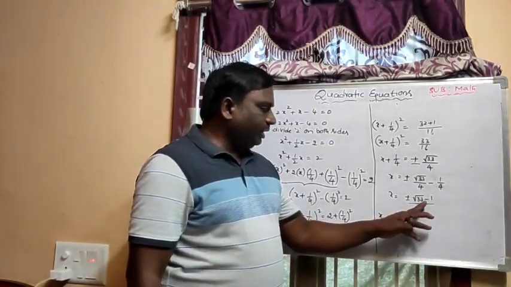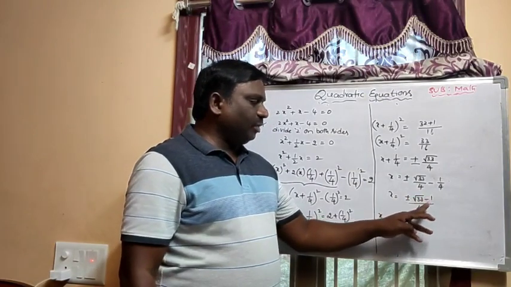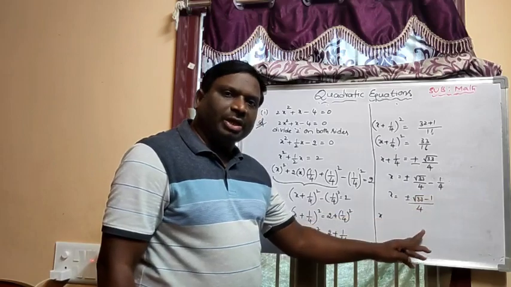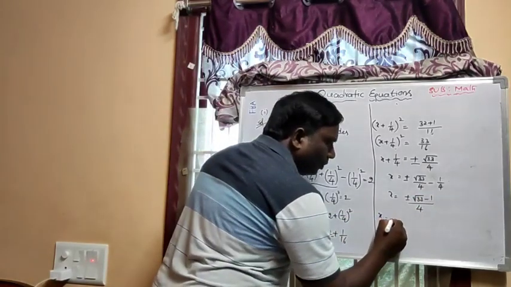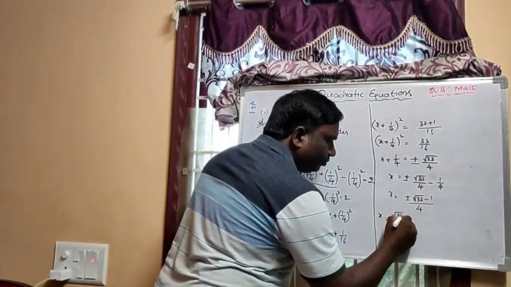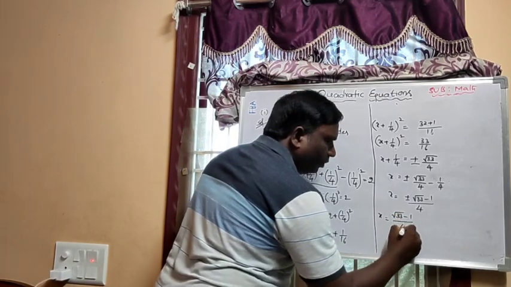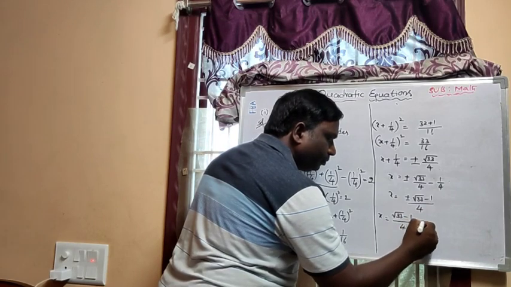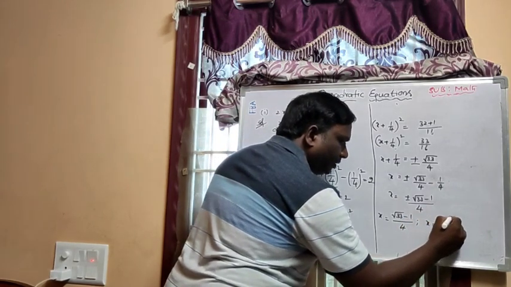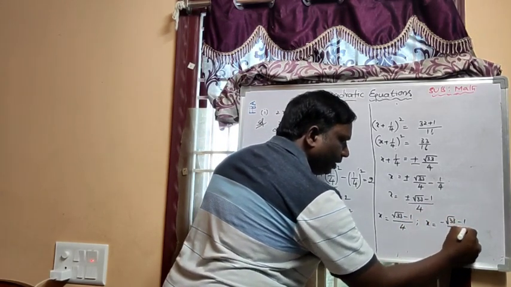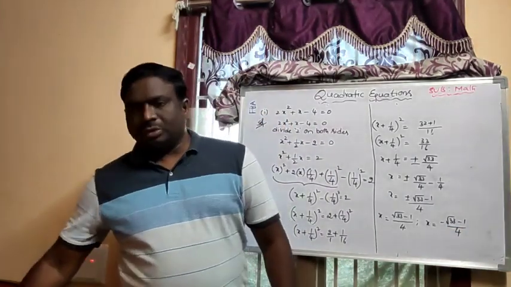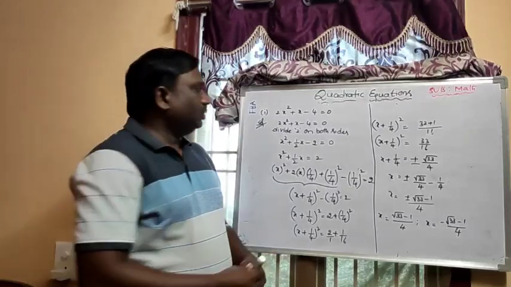One solution is root 33 minus 1 by 4 and another solution is minus root 33 minus 1 by 4. So x equal to plus root 33 minus 1 by 4, and another solution is minus root 33 minus 1 by 4. So these two are the solutions for the given quadratic equation.